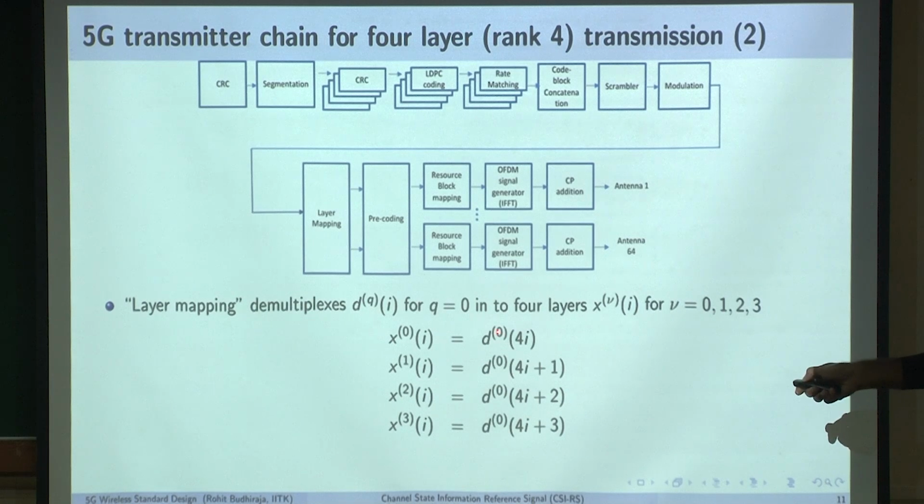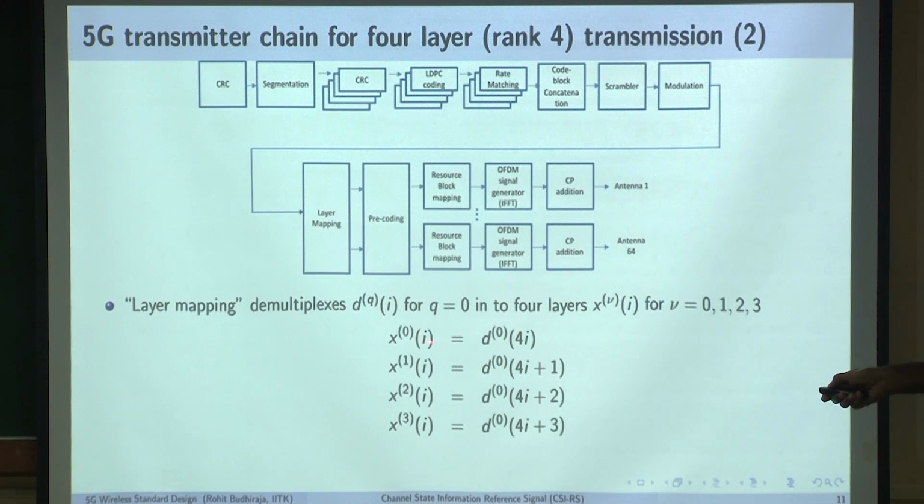This superscript is the 0th transport block. Because the rank is more than 1, you will get another transport block, so this index will be 0 and 1. So for this 0th transport block, which the physical layer gets for a rank up to 4, this is what will happen. You understand all the superscripts and subscripts.